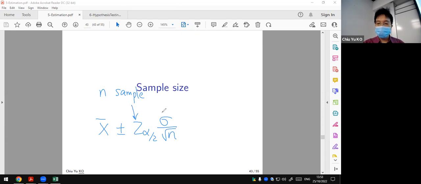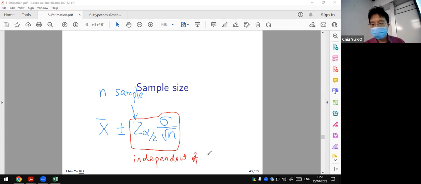And do note that this guy, the margin of error, is independent of X1, the sample. It doesn't really matter what sample you got, what the value you got, okay? So this is called ME. Once you do the sample, you can calculate this.